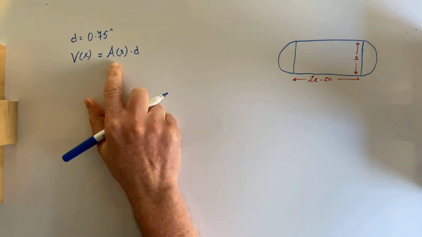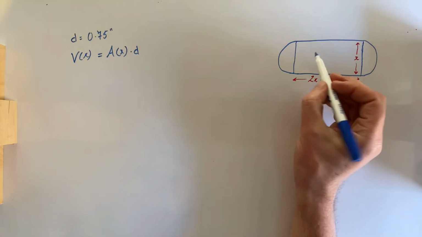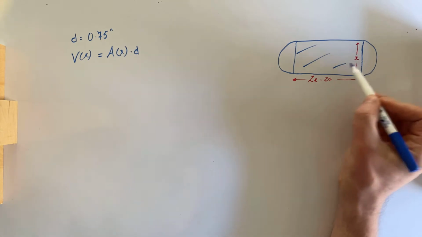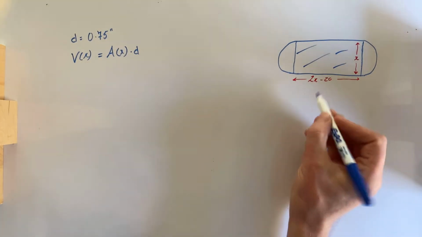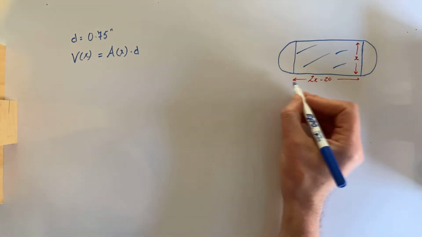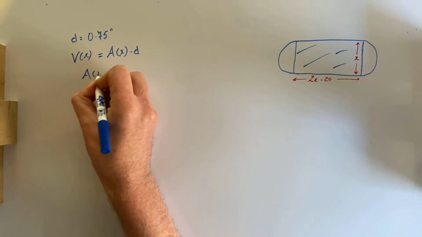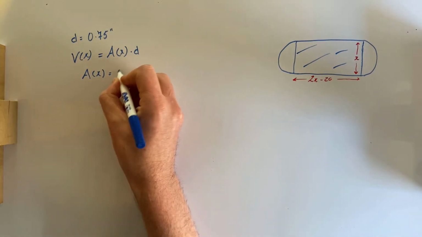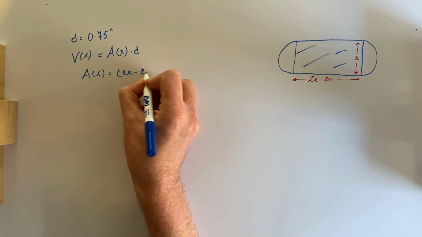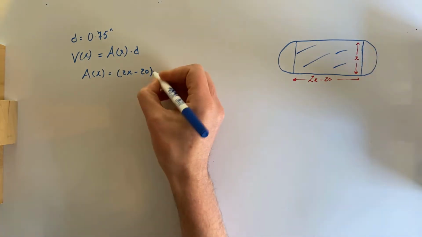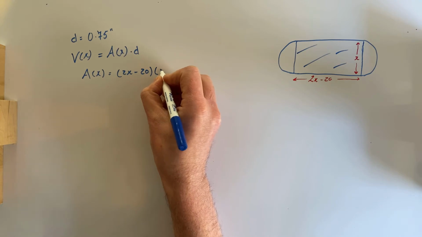All right, so to find the area, I'm first going to find the area of the rectangular piece here in the middle. That is length times width, so A of x is 2x minus 20, times the width, which is x.